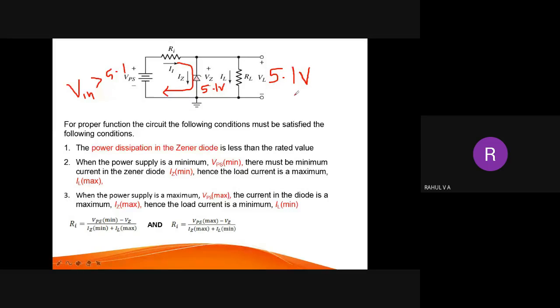Okay, so that was about the Zener diode as a voltage regulator.